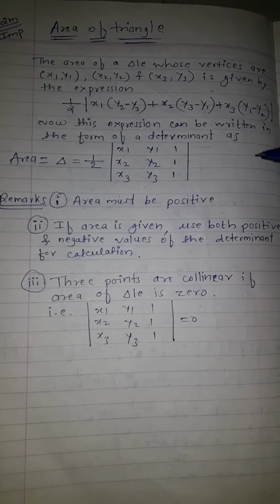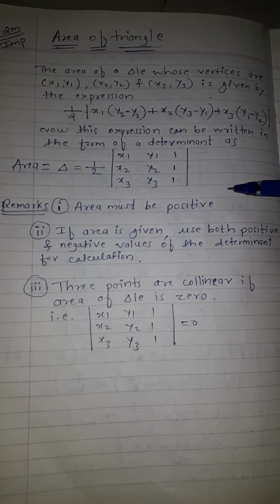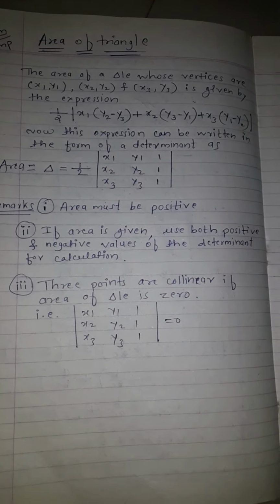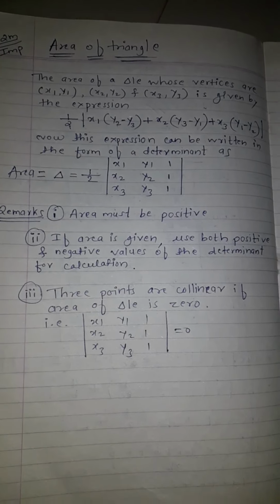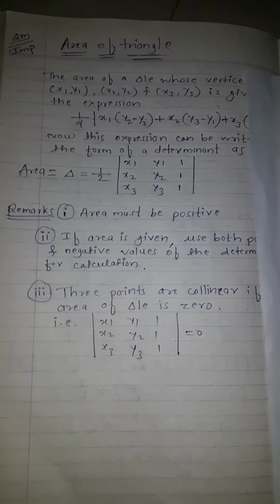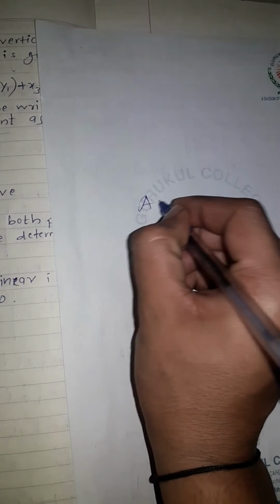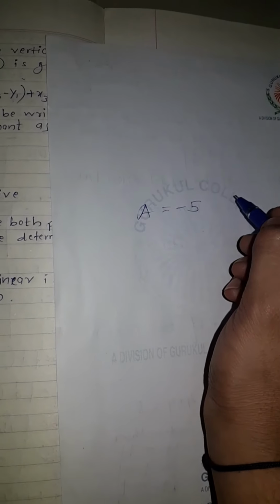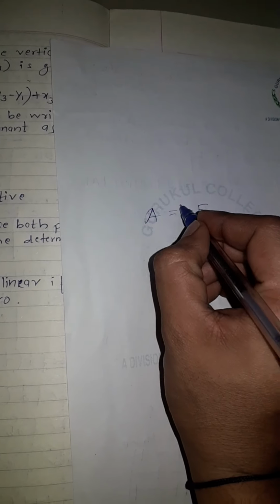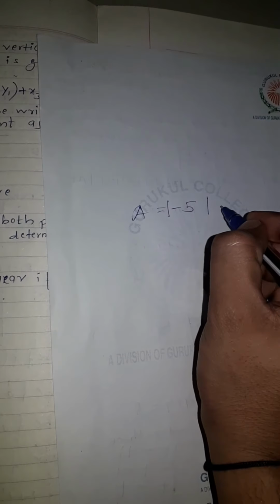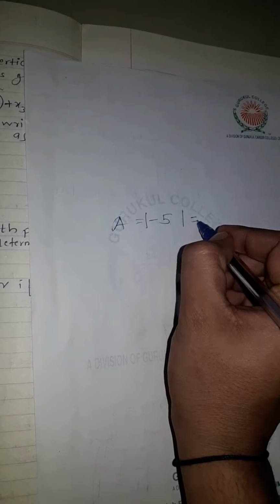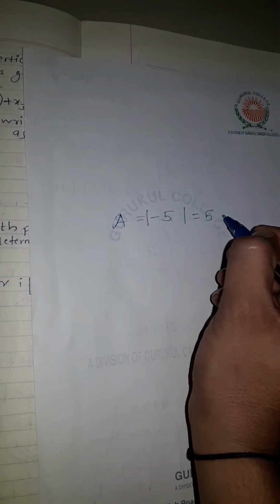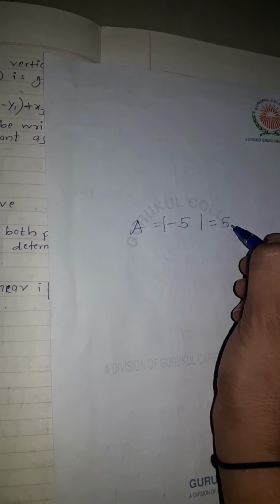Then you have to take the modulus sign and convert that negative quantity to a positive quantity. What is the use of the modulus sign? It converts a negative quantity to a positive quantity, so minus 5 will become plus 5.